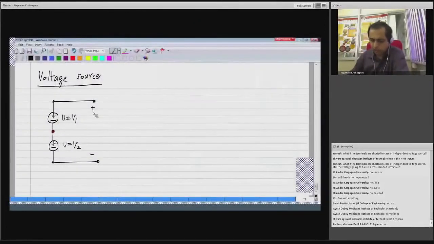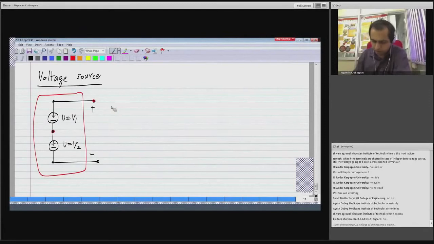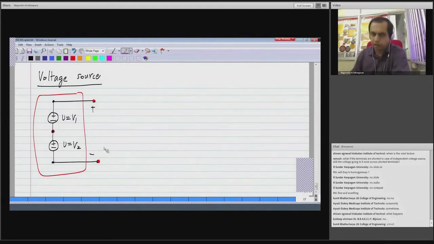So what does it look like looking from these two terminals? I would like answers from the participants. When we connect these two voltage sources in series, the middle node is common to the two elements. So we have one terminal here and another terminal there.